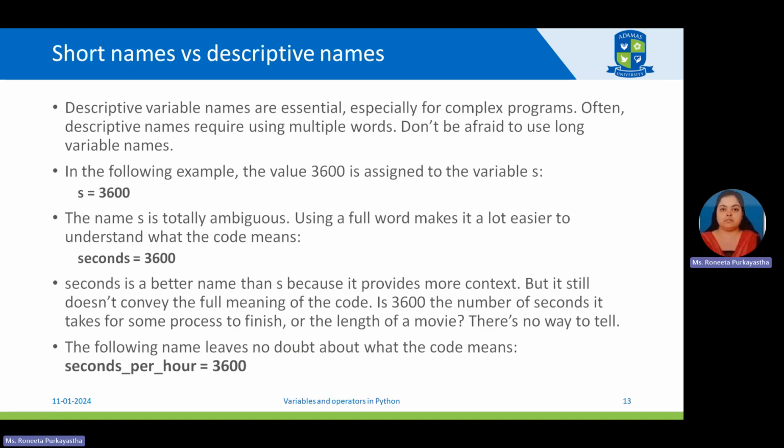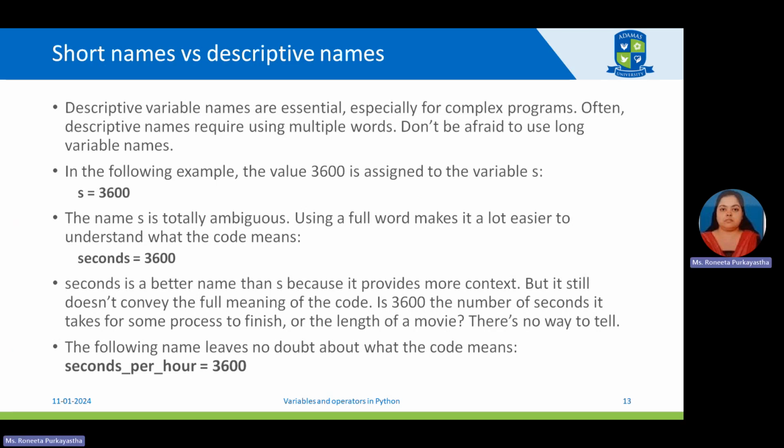Variable names should be descriptive, as meaningful as possible. You can use multiple words to name a variable, separated by underscore. In the example given in the slide, a single-letter name equal to 3600 does not give any meaningful interpretation; it is totally ambiguous.